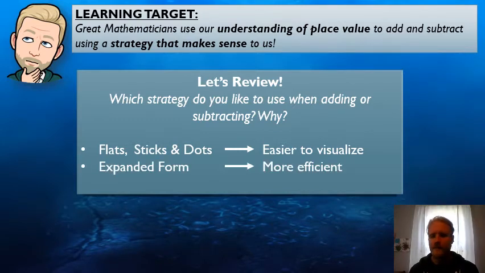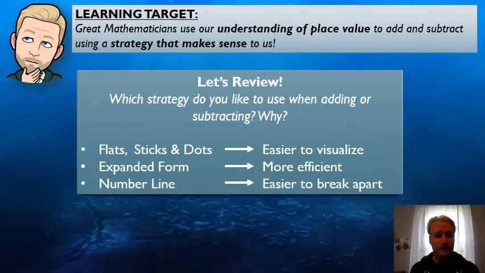Expanded form definitely has the advantage of being more efficient, while number lines make it really easy to break the numbers apart into like 10, 10, 10, 1, 1, 1, and really take it bit by bit if you want to do it in smaller increments. So they all have advantages, and that's important to keep in mind when you think about what strategy makes the most sense to you. So let's do some practice today.